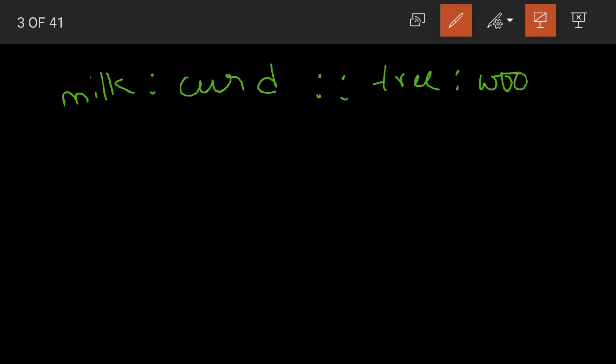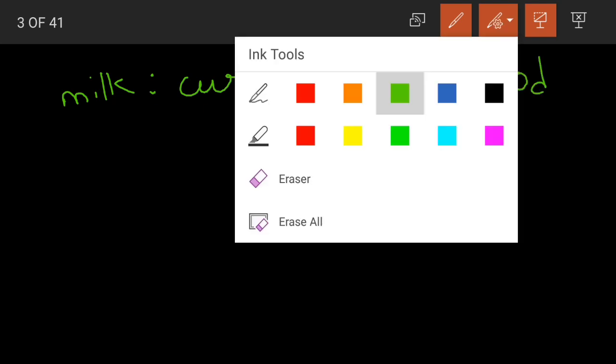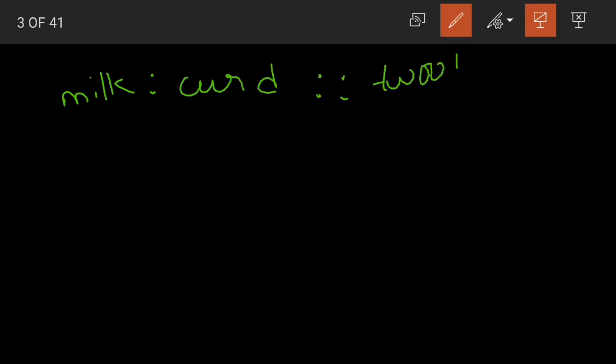If I say milk, two dots, curd, again four dots, then you have wood and furniture. Can you see this sentence here?